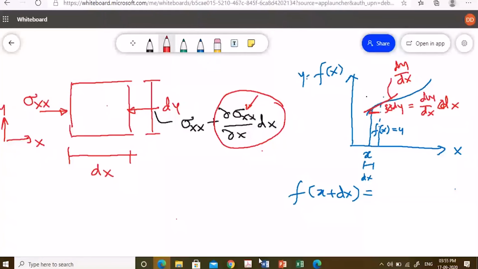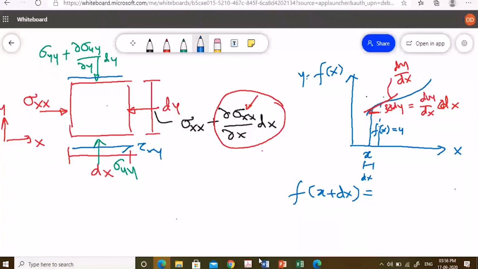Now I will write the other. So if I write sigma yy, this one will be sigma yy plus del sigma yy del y dy. If I have a tau xy here, and this tau xy, I will write tau xy plus del tau xy del y dy.